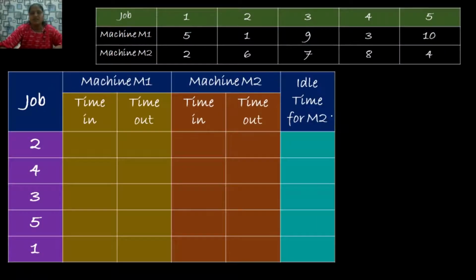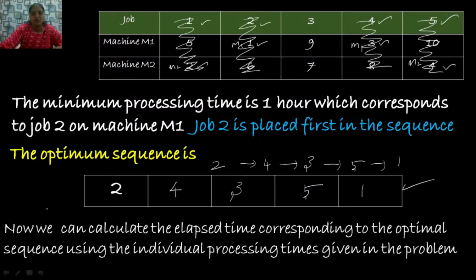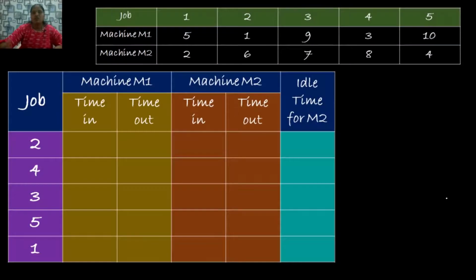For that, let me construct a table like this. We have to follow the order 2, 4, 3, 5, 1, and calculate the idle time of machine M2 and also the total elapsed time.